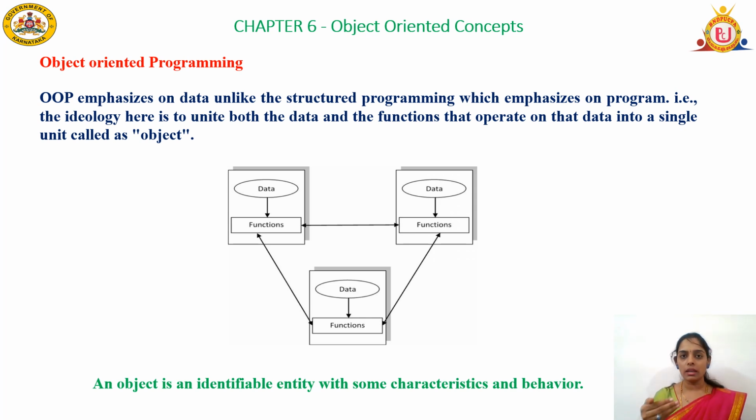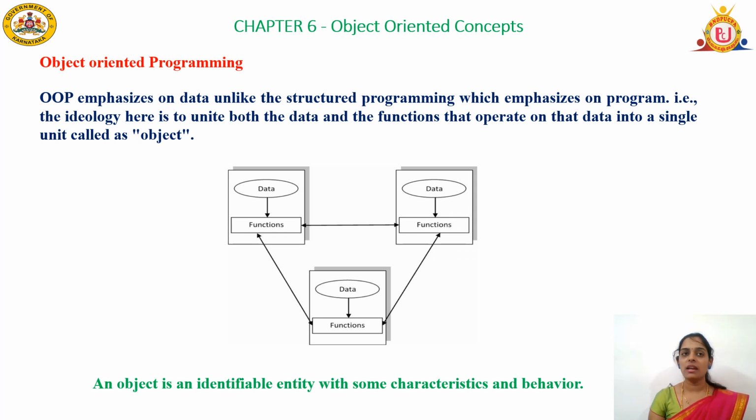So eyes, nose, ears, what do they represent? They are the attributes of a human body, that is, the data of the human body. At the same time, when we say functions, they are the operations performed by the human body. So a human body is a combination of both attributes as well as the operations that it performs. Object-oriented programming is based on the concept of objects which can contain both data and functions.